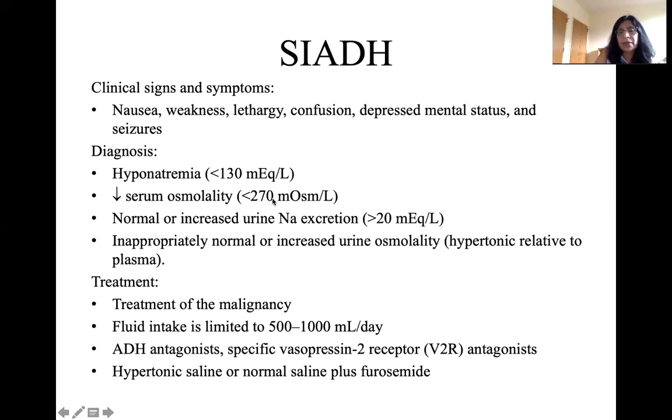is where hyponatremia is one, and decreased serum osmolality. Okay, osmolality is less than 270 milliosmol per liter. Normal or increased urine sodium excretion. Inappropriately normal or increased urine osmolality. Okay, increased urine osmolality or a normal urine osmolality.